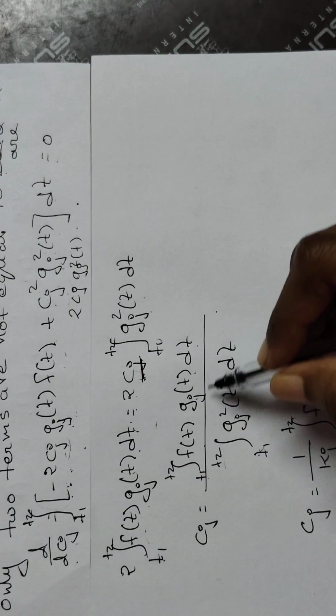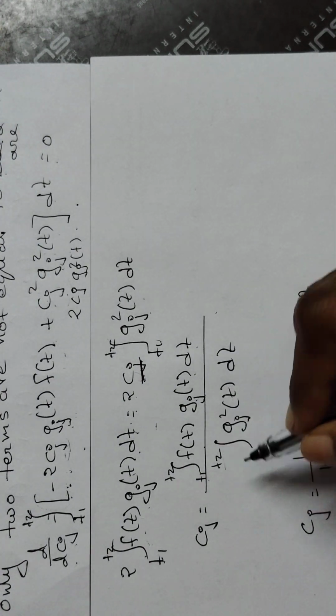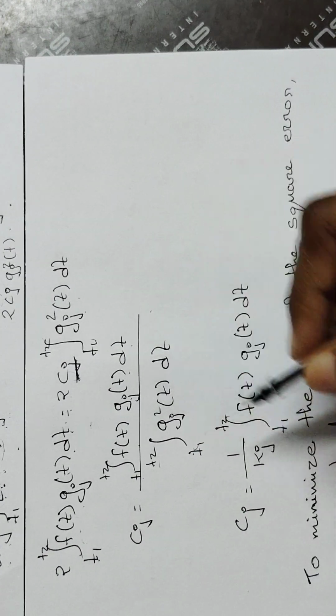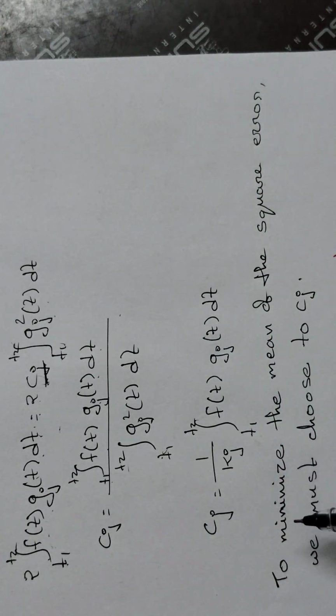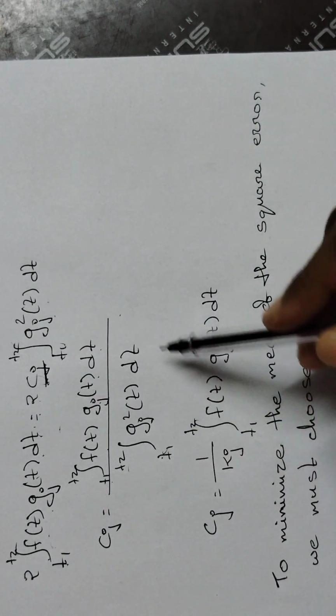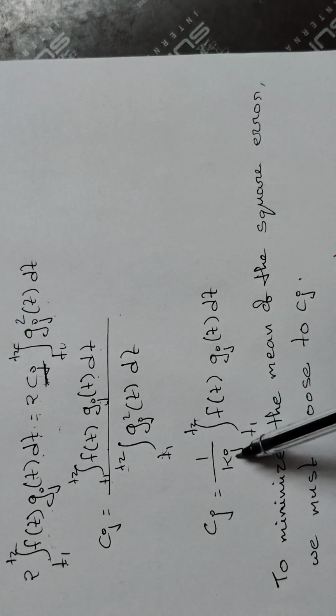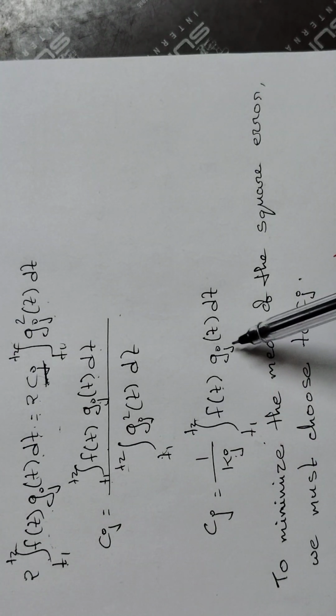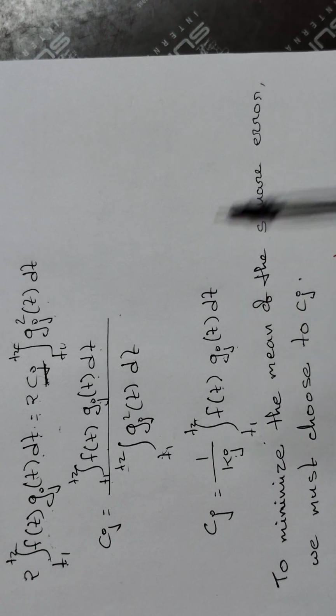For simplification, I am taking this as kj. That means cj is 1 by kj integral of f of t gj of t into dt.